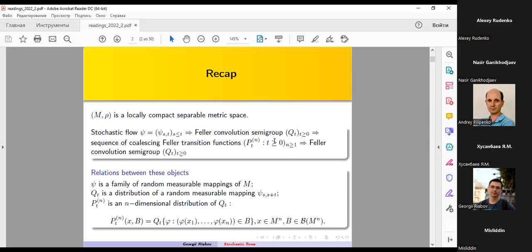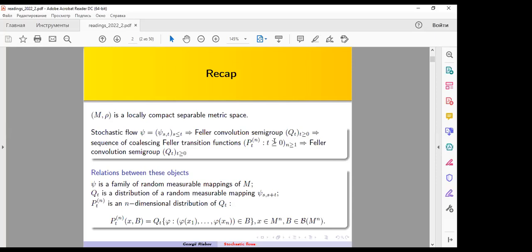We constructed a Feller convolution semigroup from transition functions, and these objects are related as follows. So psi is a family of random measurable mappings of the space. Qt is a distribution of a random mapping that acts on the interval of length t, and pnt is an n-dimensional distribution of qt. So now let's close this circle and, having a Feller convolution semigroup, construct a stochastic flow.